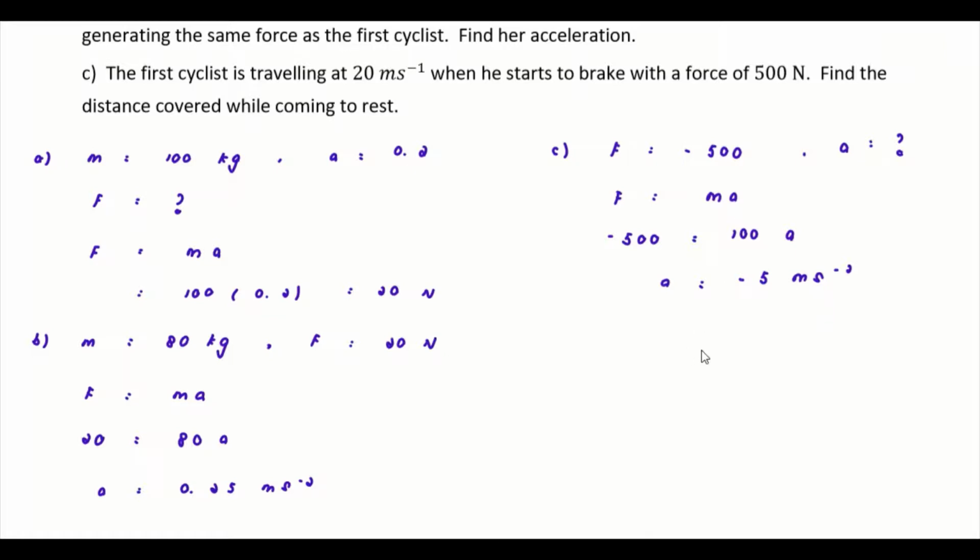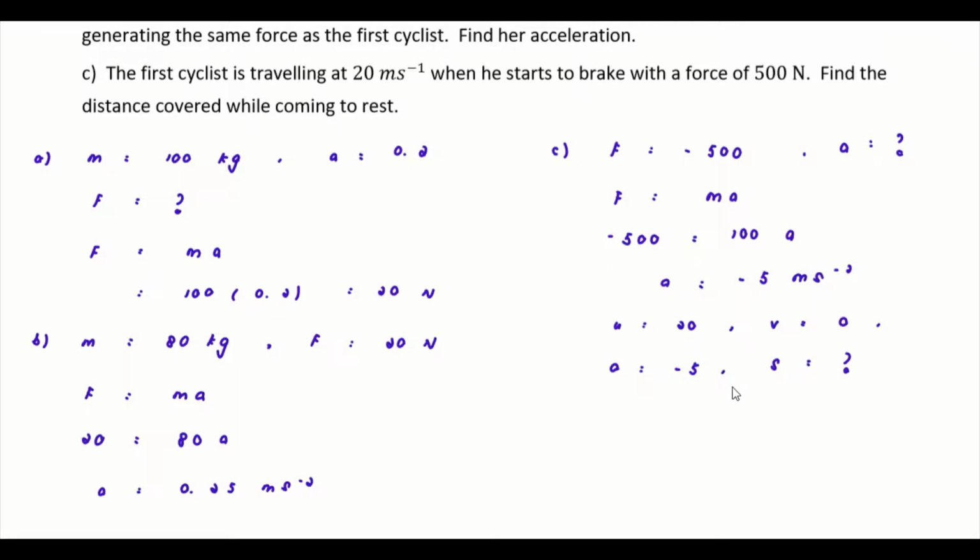Okay, so now what do we have? We have the initial velocity, which is 20. We also know that it comes to rest, so the final velocity is 0 and the acceleration is negative 5. The question wants us to find the distance covered, so we are trying to find the displacement. So now we need to use the SUVAT formula.